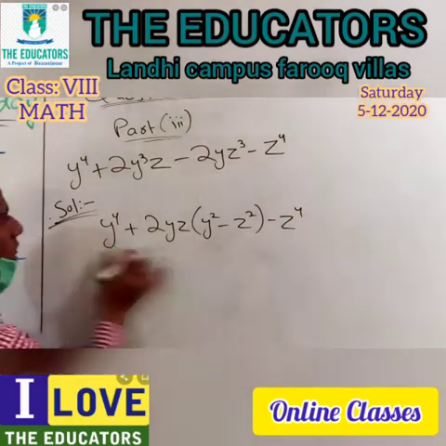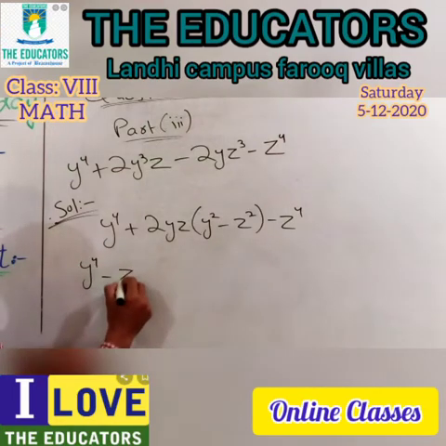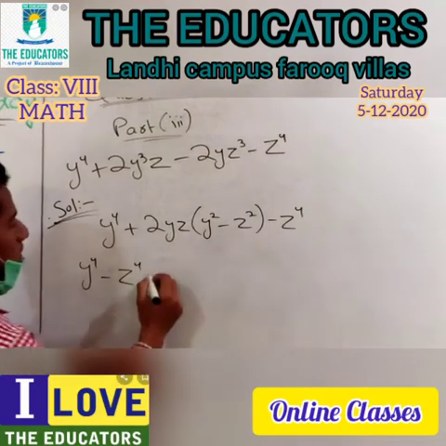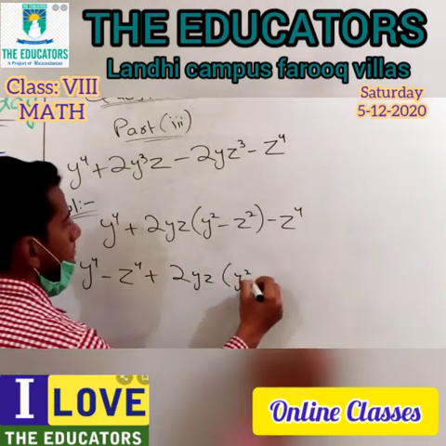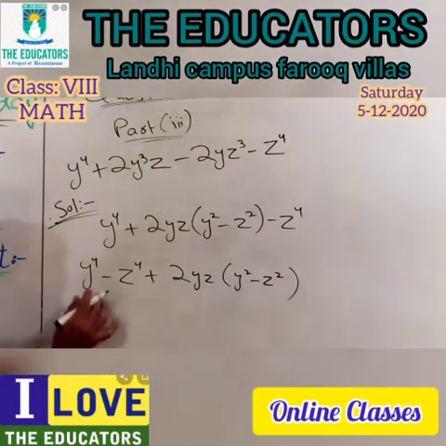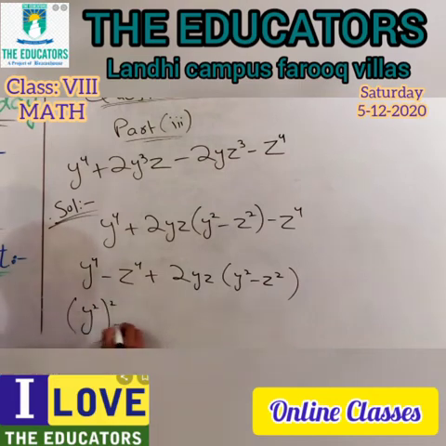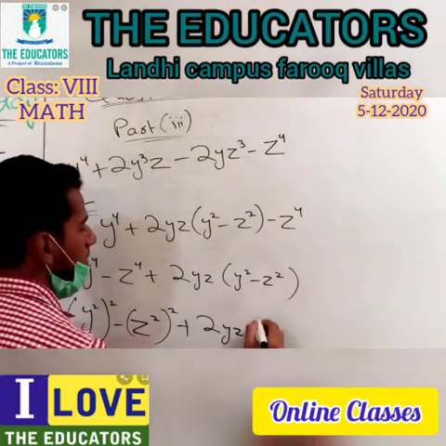Now I'm writing y4 and z4 together. This middle term will come as it is. Now we may write y4 as y square to the whole square and z4 as z square to the whole square, and this term comes as it is.